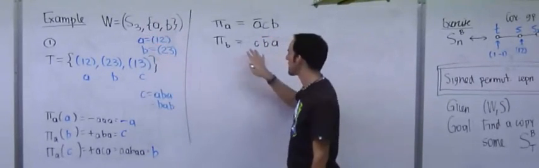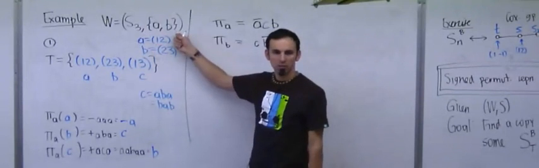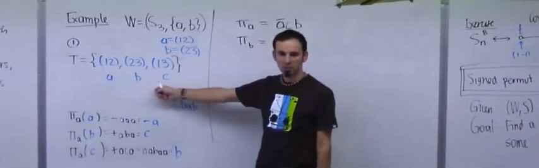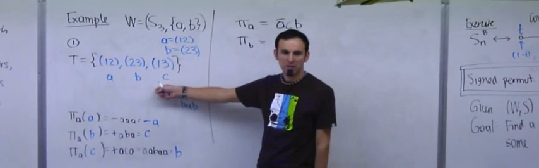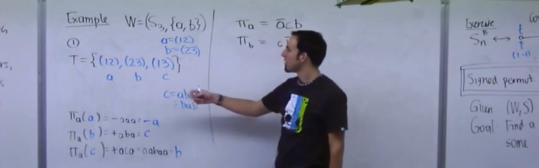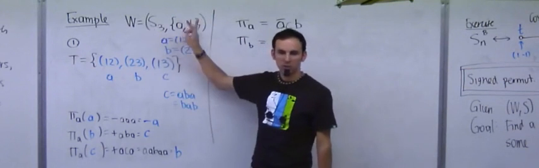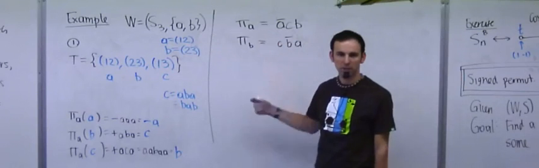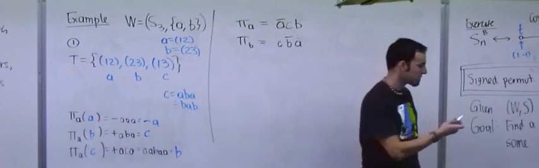And so the question now is, if I give you some element of W, how are you going to map it to a permutation of T? And there's one natural choice, which is that because you can write any element of W in terms of A's and B's, you just take the same expression, except you plug in pi sub A's and pi sub B's. So that's the plan.